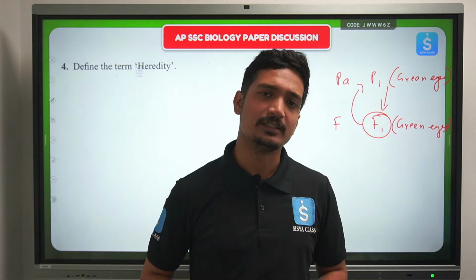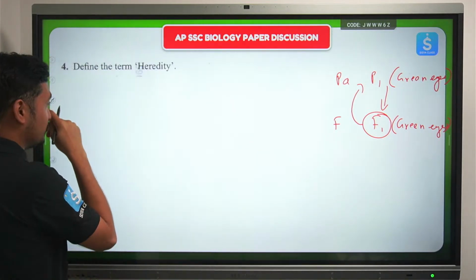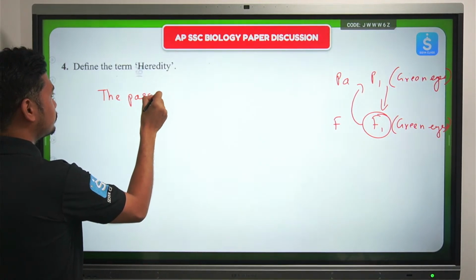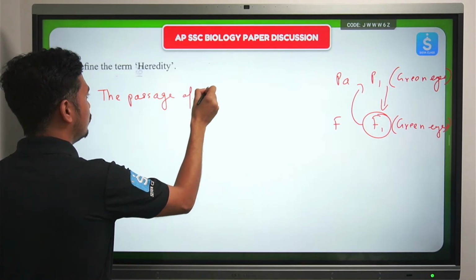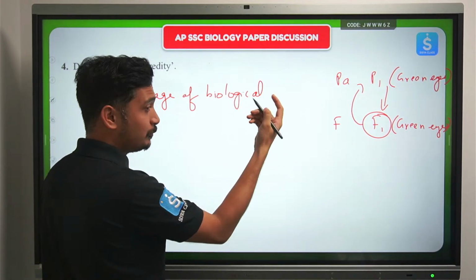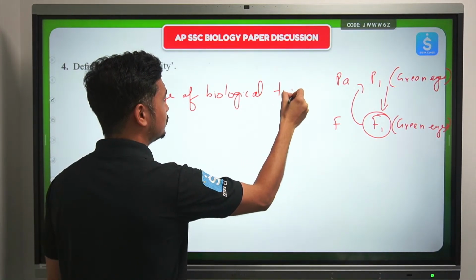How would you write this answer then? Let me write it for you. The passage of biological properties, or you can write traits, both are the same thing.